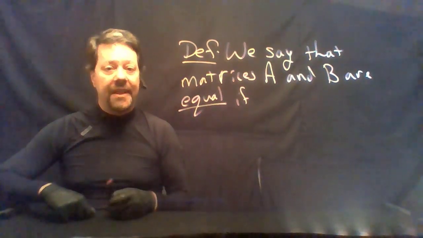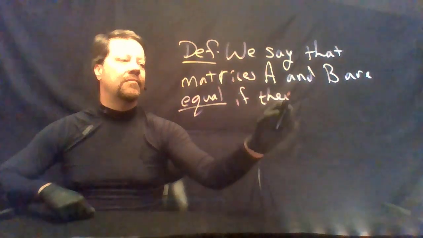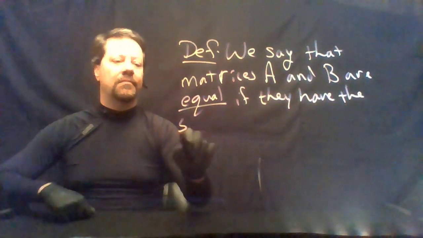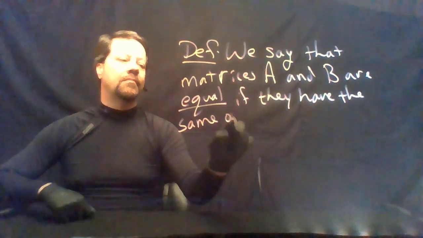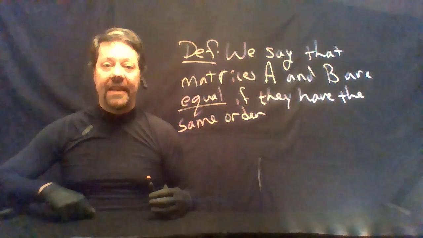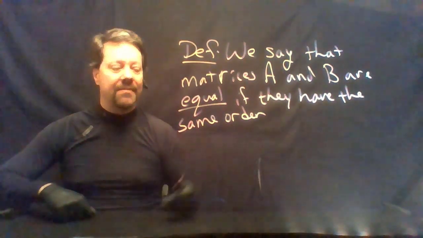If they don't have the same order, then they're not equal. Remember, they're of the same order if they have exactly the same number of rows and the same number of columns.